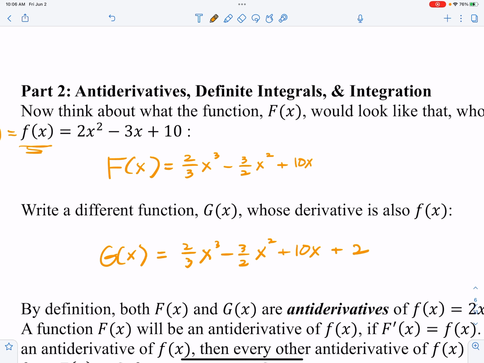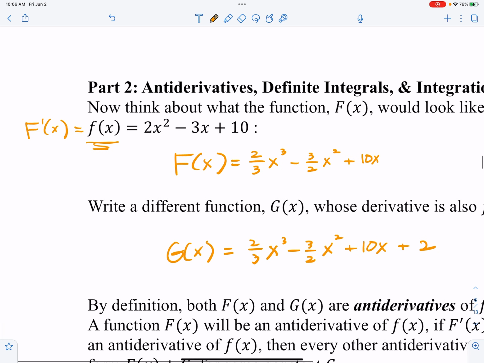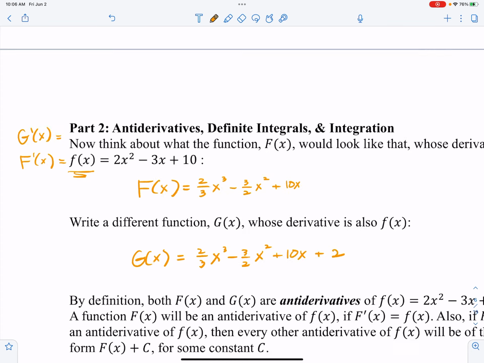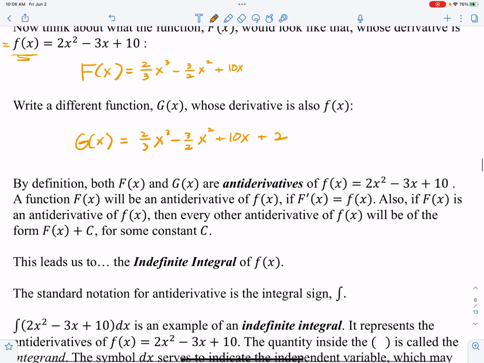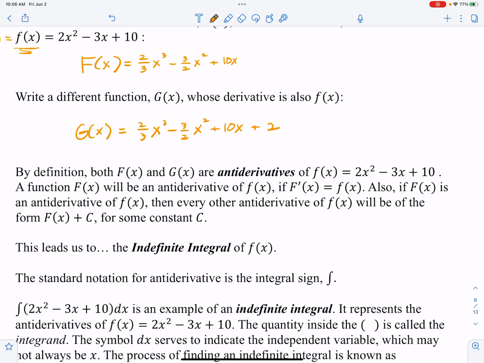And the derivative of g of x would be equal to lowercase f of x, right? Capital G prime of x would also be equal to lowercase f of x. So by definition, both capital F of x and capital G of x are antiderivatives of lowercase f of x, meaning that lowercase f of x is their derivative.